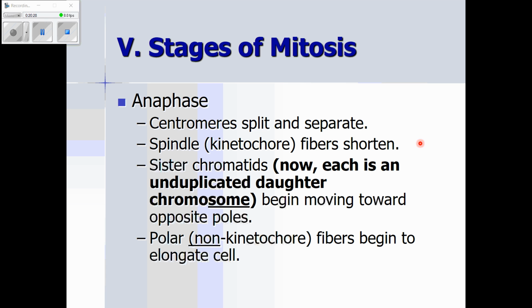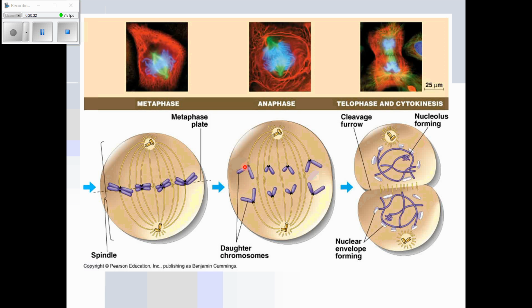But a simple way to think of it is that the spindle fibers are like fishing line, and it's like one fisherman is reeling in this copy and pulling it to this riverbank, and at the same time a fisherman on the other side of the river is reeling in his line and pulling the other copy to the opposite riverbank. Every single chromosome, remember, has two copies.